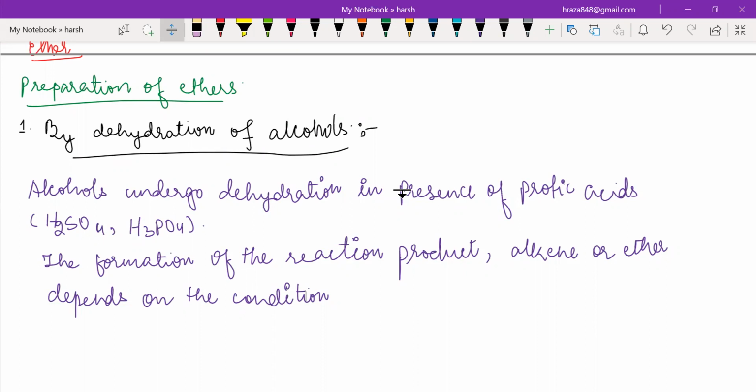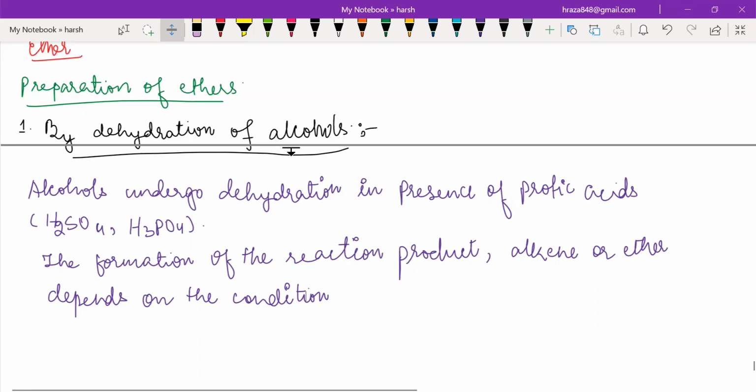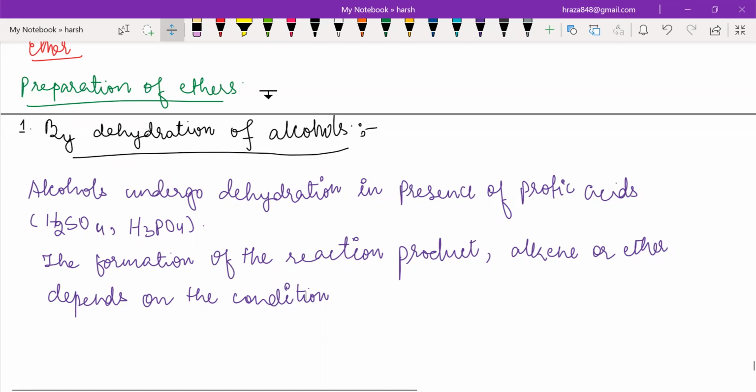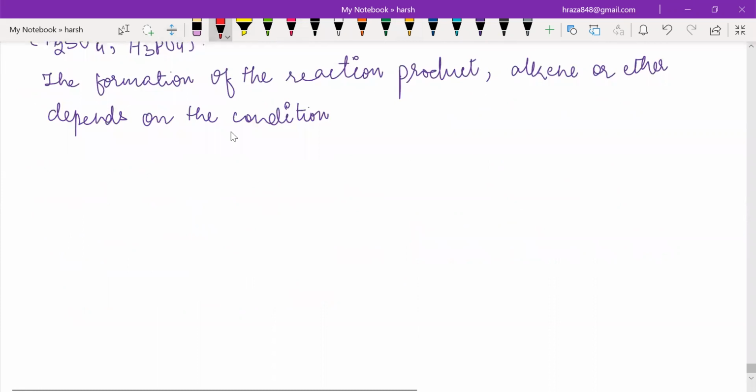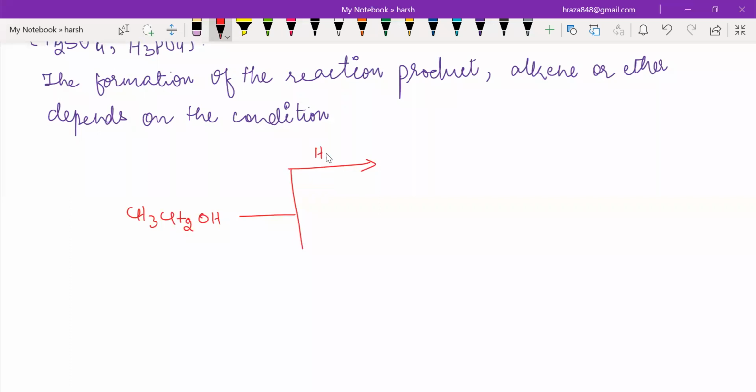Done, sir. So you are going to see the condition and you will see there is CH3CH2OH, and if you treat this with H2SO4 at 443 Kelvin, then there will be the formation of alkene, CH2=CH2.